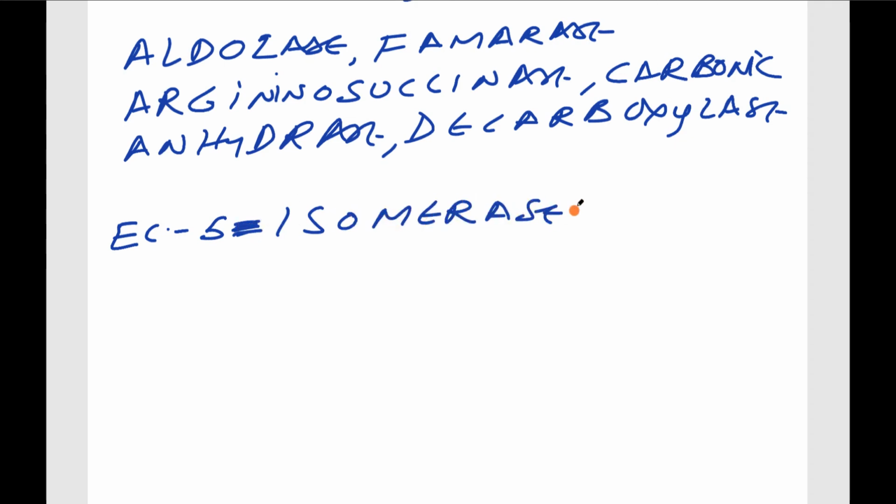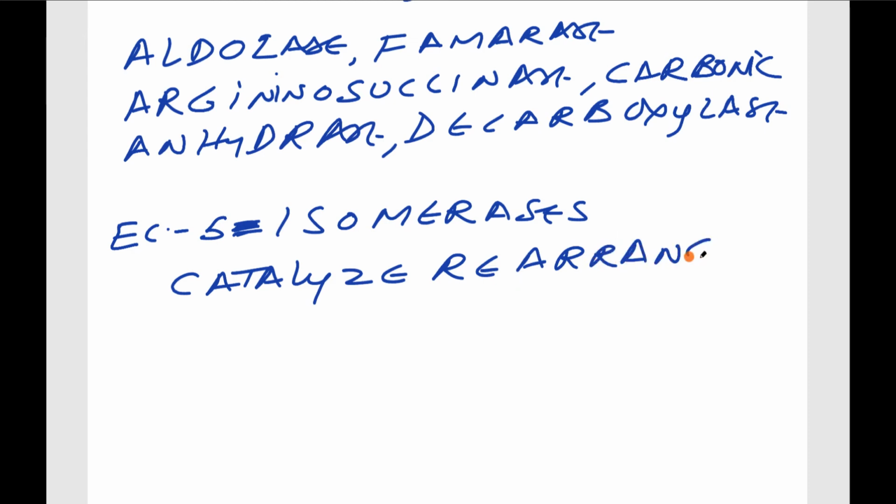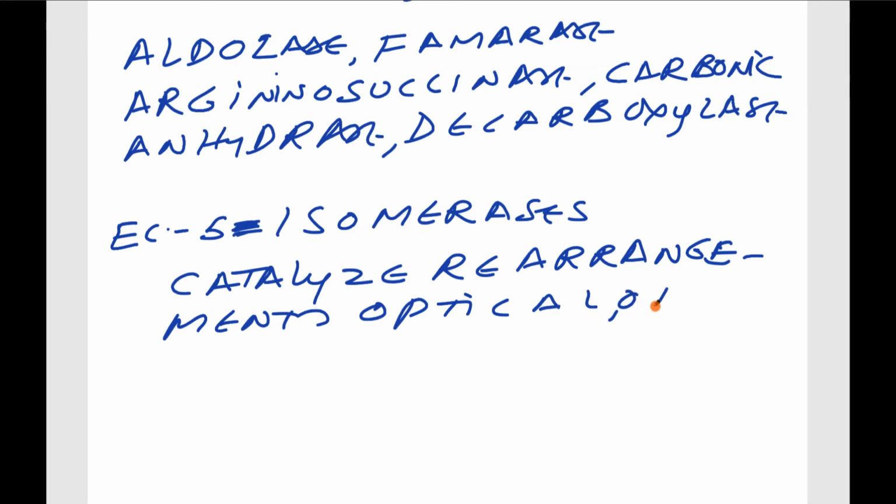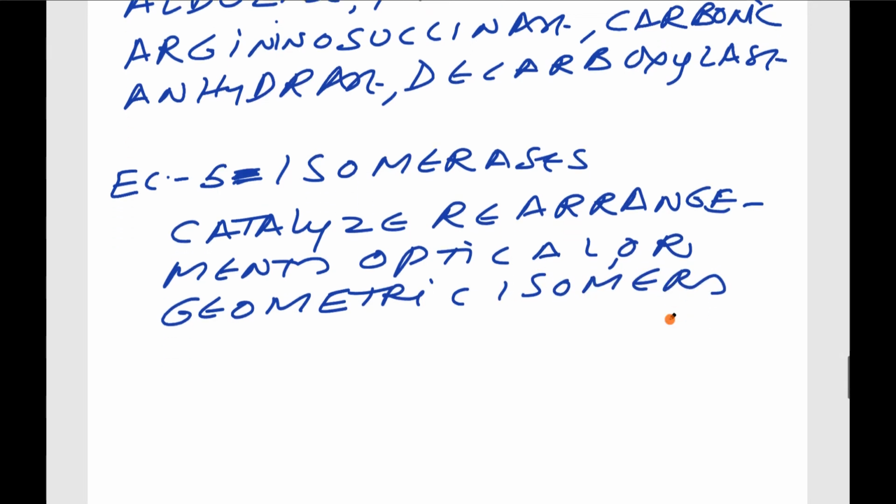The isomerases catalyze rearrangement of optical or geometric isomers.